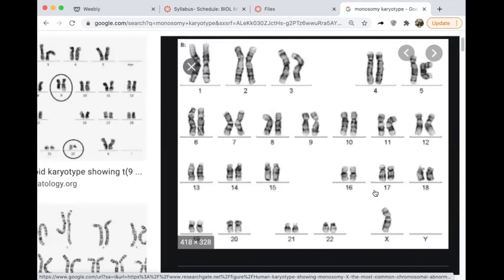Normally, normal individuals have 2 copies of chromosome 23, just like all the other chromosomes. And they can either have an X and a Y chromosome to make them male, or an X and an X chromosome to make them female. This individual only inherited one X chromosome as a result of a non-disjunction error.